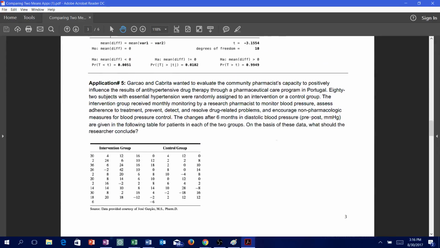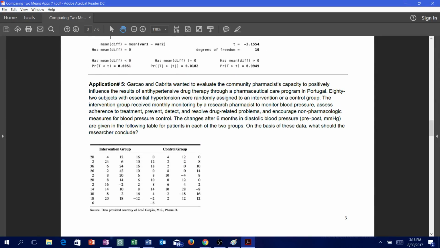Is there one tail? Millimeters of mercury.